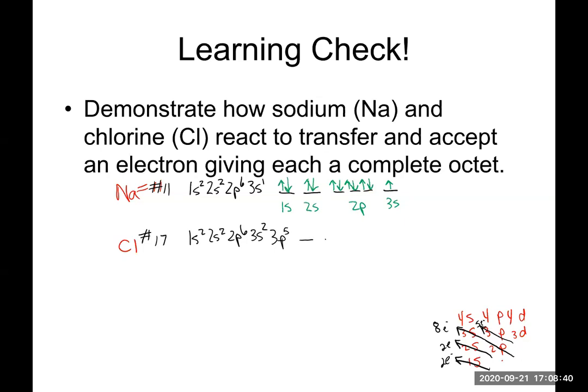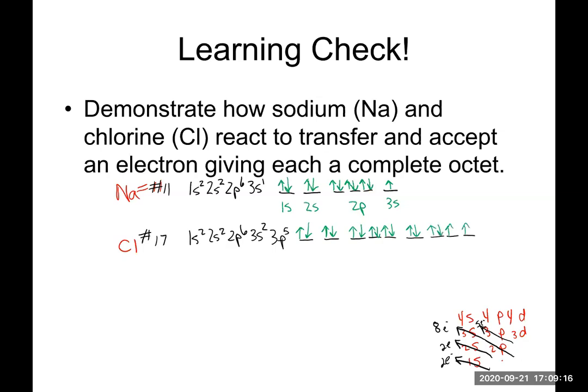So here's 1s, 2s, 2p, 3s, and 3p. There's our 2 electrons in 1s and our 2 in 2s. 3s is filled, and then we have 5.